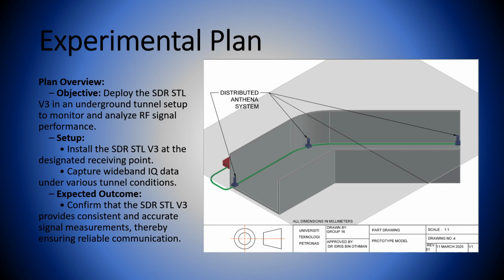Just install it at whichever point we want in this tunnel, anywhere, and we capture wideband IQ data, which means a big wide range of signal frequencies can be received. The demonstration later will be clearer. Our expected outcome is that we can see the signal in this sensor. Next, we will proceed to the demonstration.